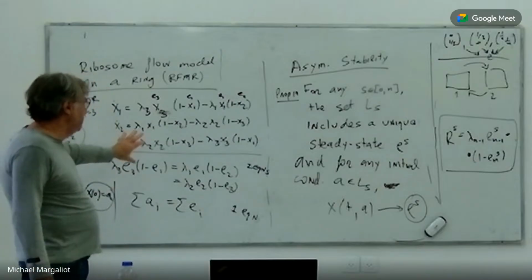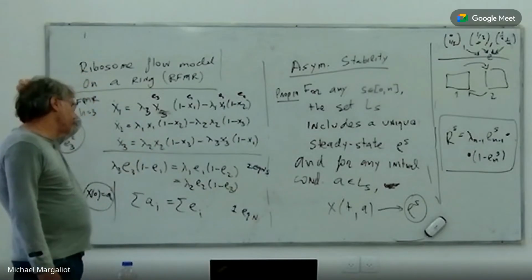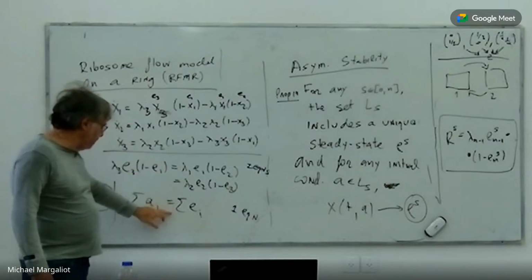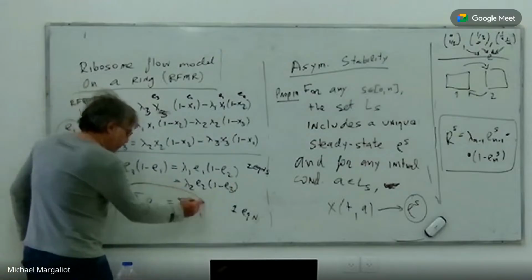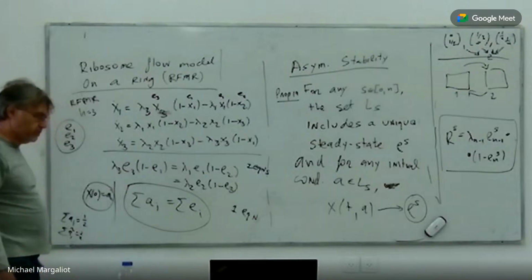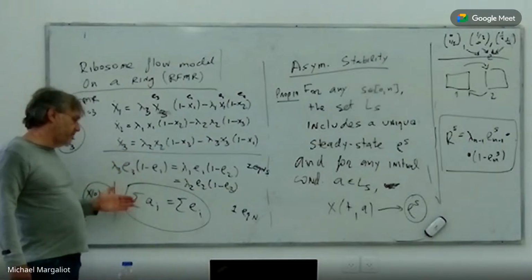But in some sense, things here are completely different because you have to take into account this equation as well. If you don't take into account this equation, you don't have enough equations to solve for your equilibrium point. So in some sense, this is very different from the RFM.